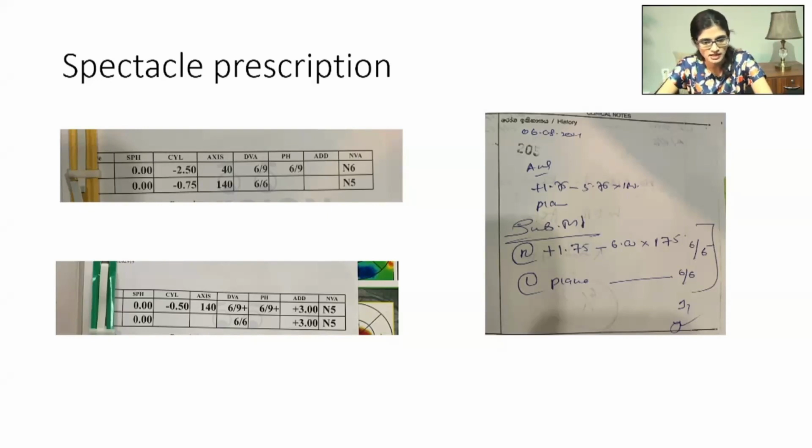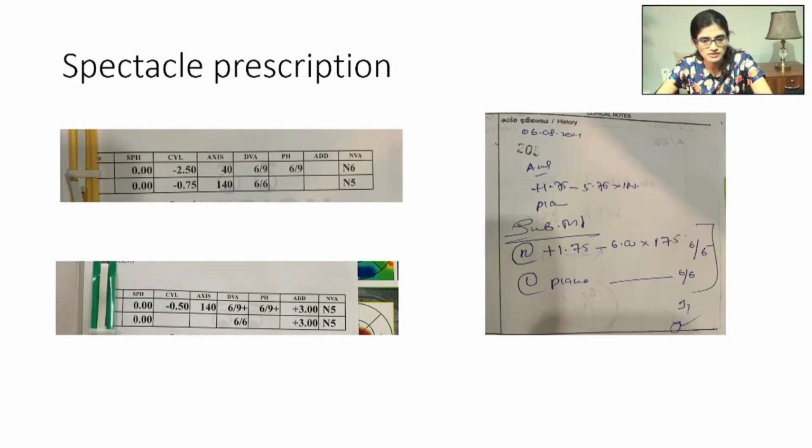So basically he is not a myope or a hypermetrope, but he is having astigmatism in both eyes. So here you can see the cylinder in the right eye is minus 2.5 and the axis is at 40 degrees. Here the left eye has less astigmatism, it's minus 0.75 and it is at 140 degrees.